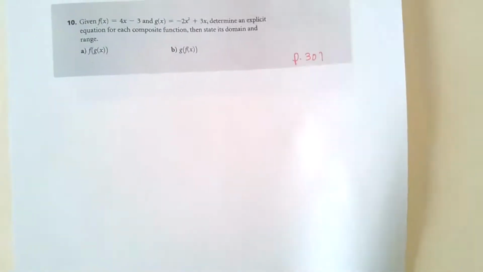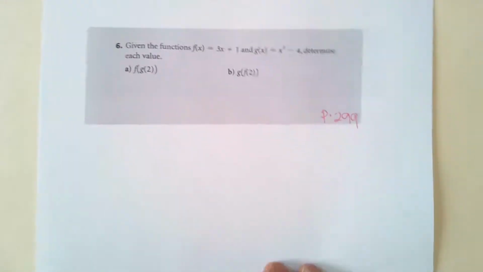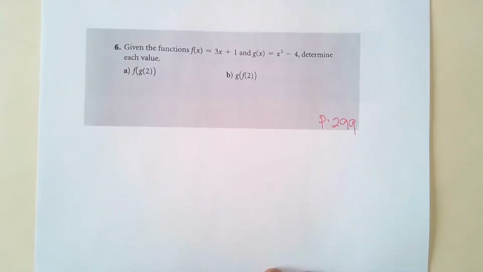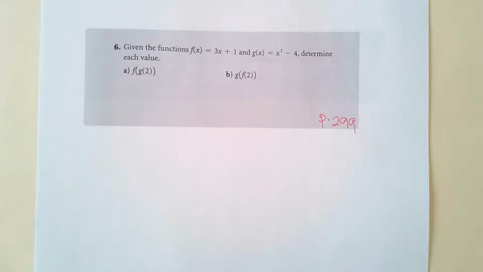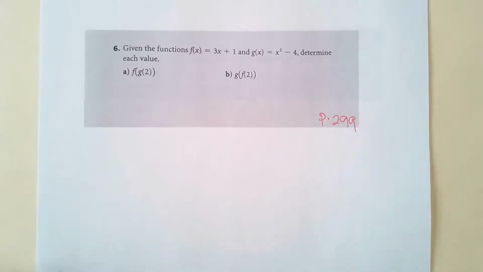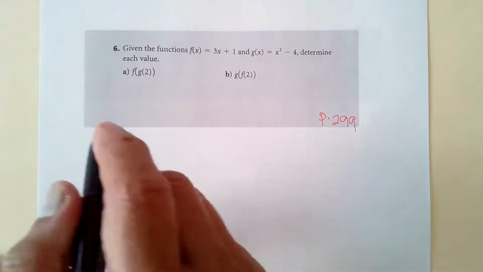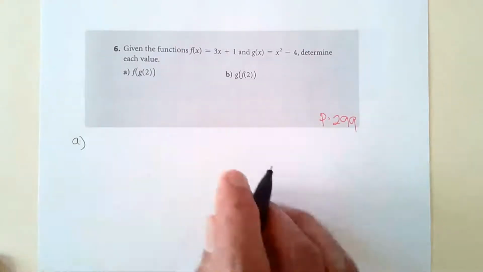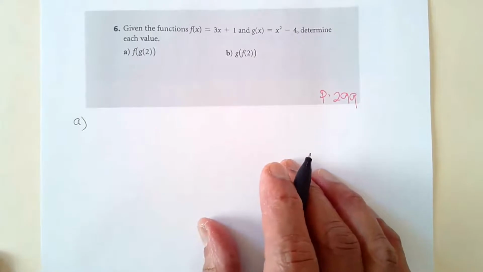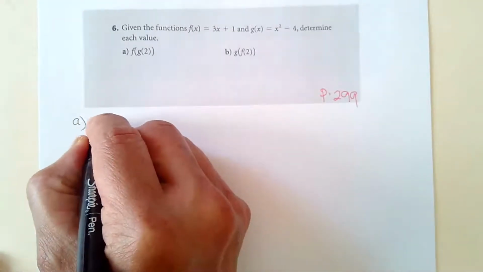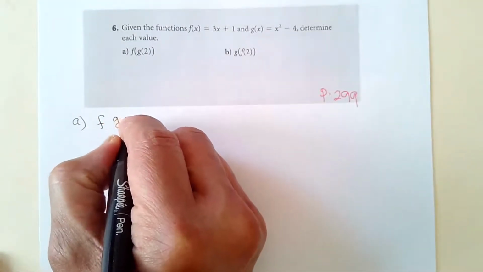Okay, let's go on to another example. On page 299. Given the function f of x equals 3x plus 1 and g of x equal to x squared minus 4, determine each value. So let's look at A. f of g of 2.